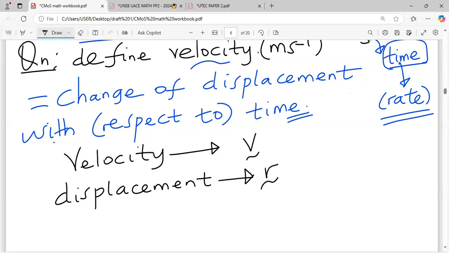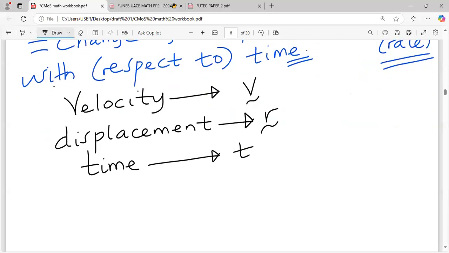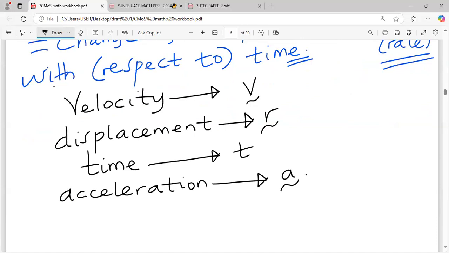And it is a vector quantity, so we shall put that. Then time is a scalar quantity. This one I'll just call it t without anything. Understand? Then acceleration. And acceleration is also a vector quantity. That one we have already seen in Newton's law, something like that.